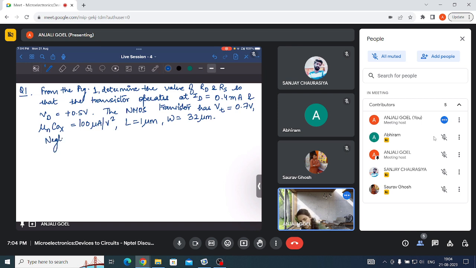Neglect the channel length modulation, that is lambda equals 0. So I'll draw the circuit.